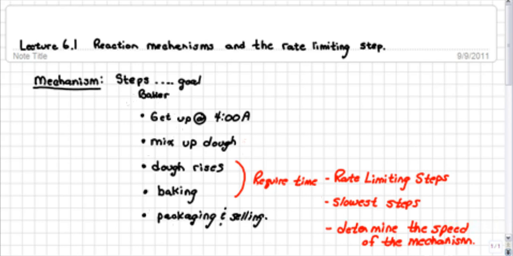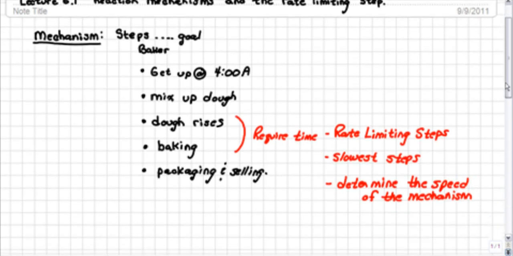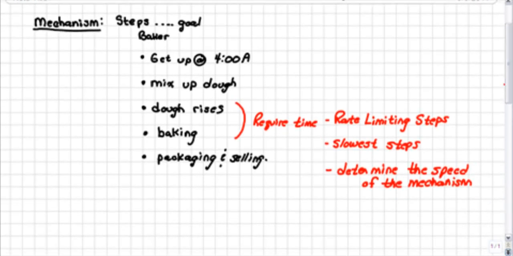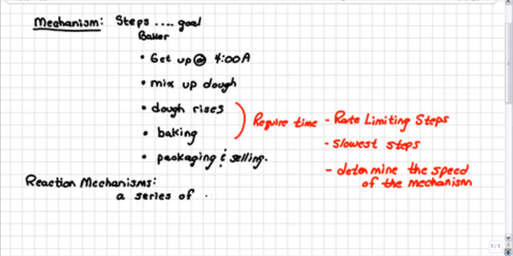Okay, now let's put this into a chemical context. That's mechanisms in general. Now what we're going to do is we're going to look at reaction mechanisms. And reaction mechanisms have to do with chemical settings. A reaction mechanism is a series of steps, and these steps that I'm going to refer to are known as elementary reactions.